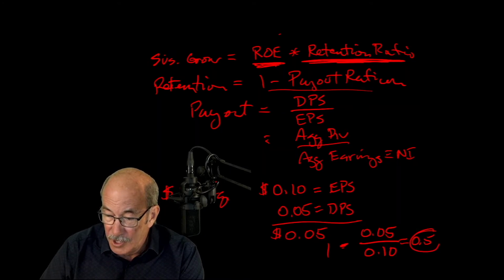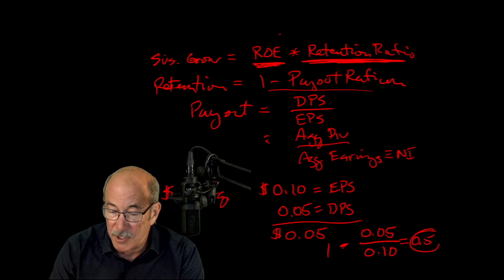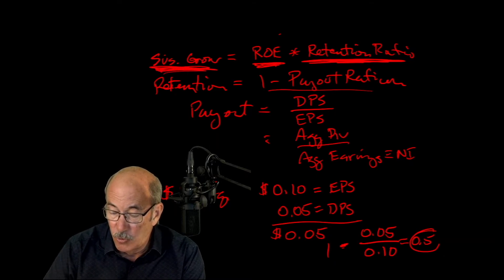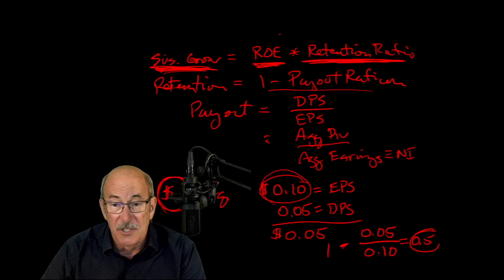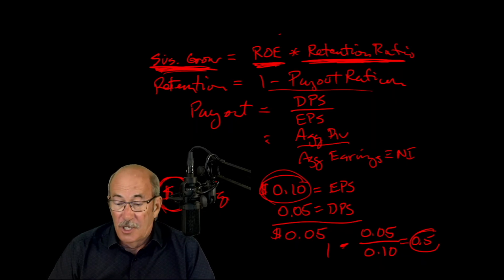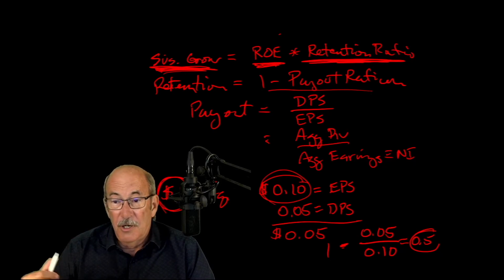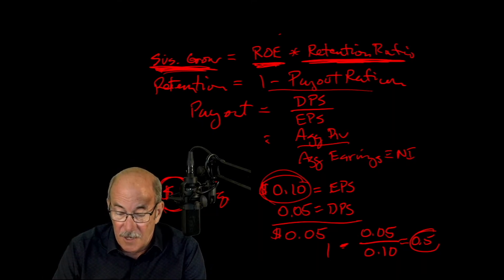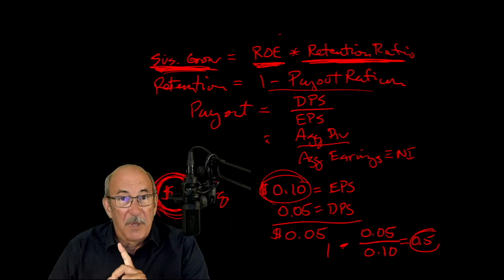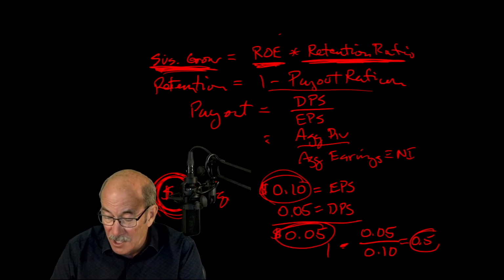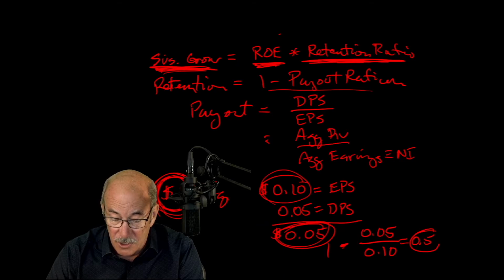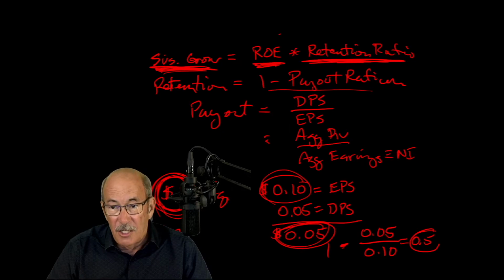So here's the thing about that retention ratio as it relates to sustainable growth. If I had the dollar and paid out the entire 10 cents, my growth would be effectively zero between this year and next, because I still just have that dollar's worth of equity. But because I didn't pay out the entire 10 cents in a dividend, next year I now have $1.05 instead of just $1.